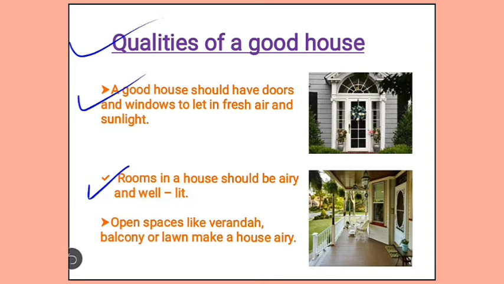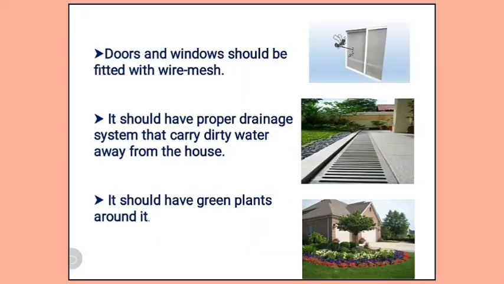And how can our house be airy? Obviously by having some open spaces like veranda, balcony, lawn, etc. And children, care should also be taken that all the doors and windows of our house should be fitted with wire mesh or wire net.